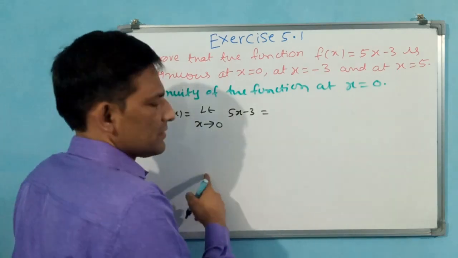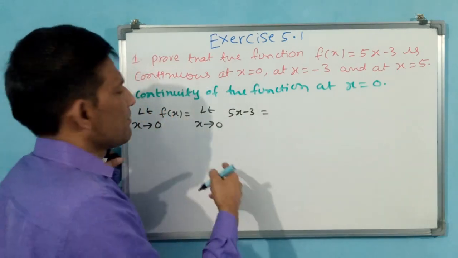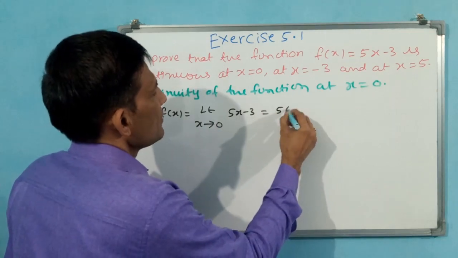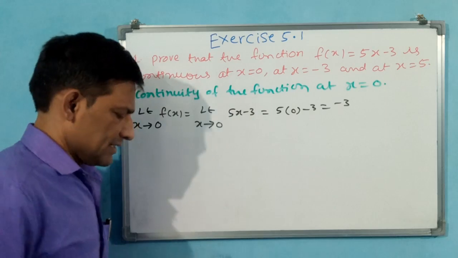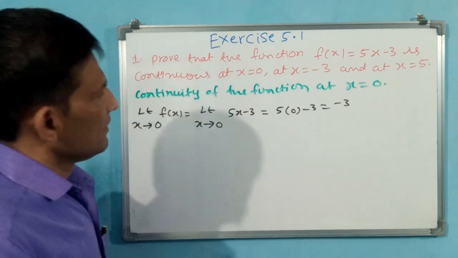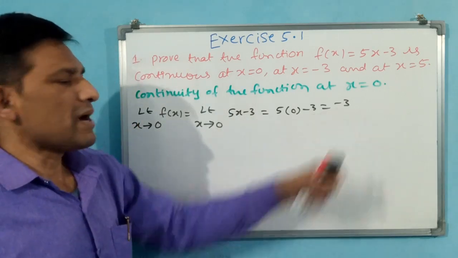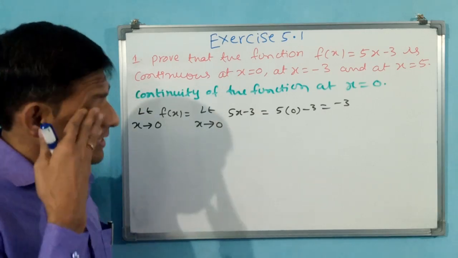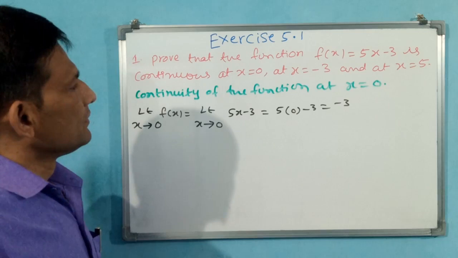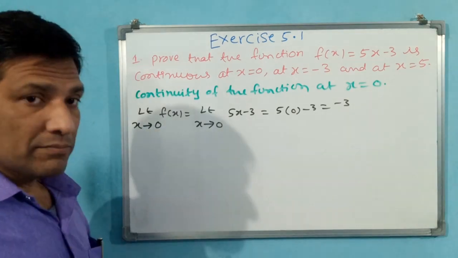Now apply the limit; substitution is called applying the limit. 5 into 0 minus 3, that is equal to minus 3. Is it okay? Why? Because 5 into 0 is 0, minus 3. Minus 3 has come.